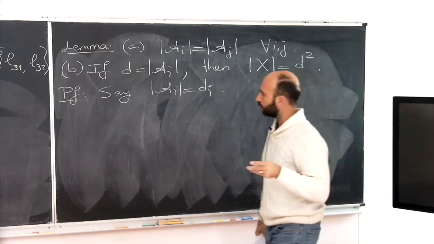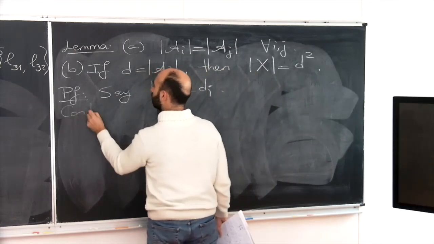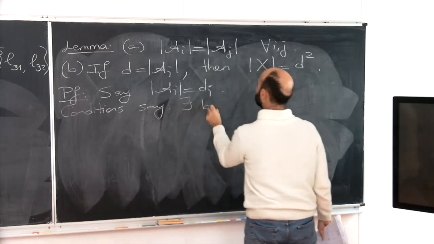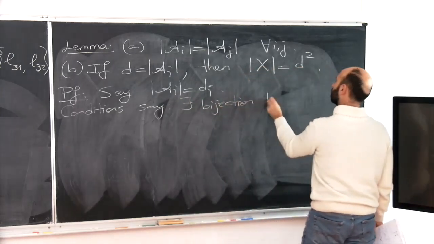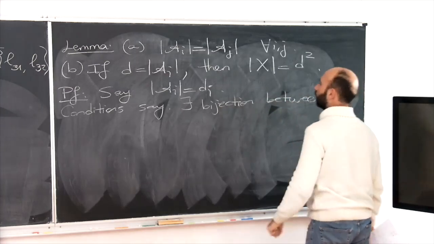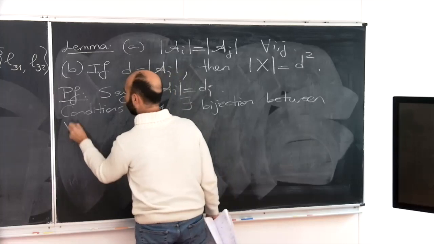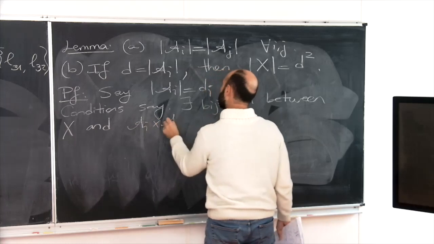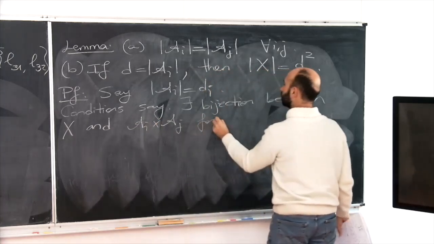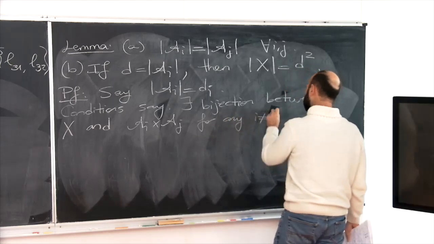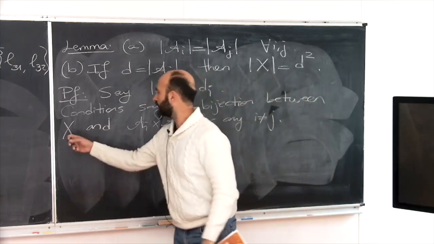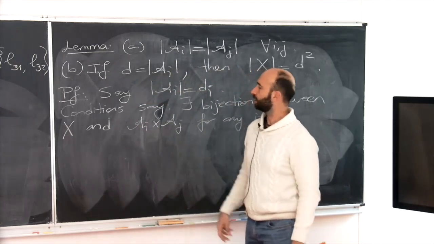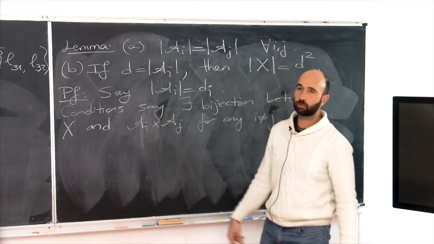Then the conditions say that there's a bijection between X and Ai cross Aj for any i not equal to j, because any point should be contained in a unique line in Ai and a unique line in Aj, therefore you get the pair like that. Conversely, any pair of lines intersect in a point of X, so you get the maps back and forth.